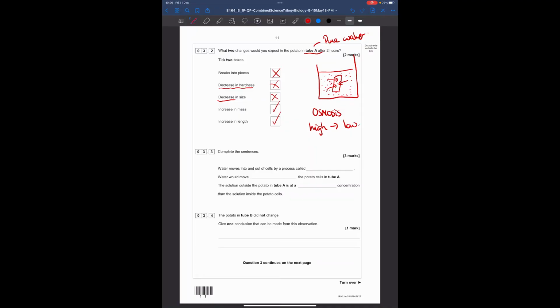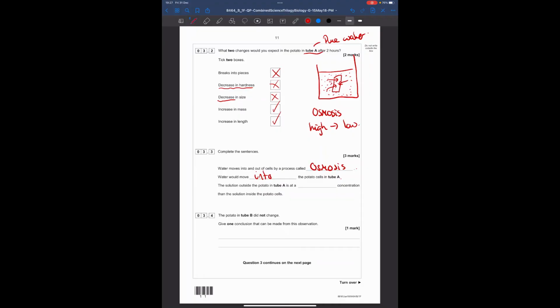Question 3.3, complete the sentences. Water moves into and out of cells by a process called osmosis. Water would move blank the potato cells in tube A. Well, we know it's going from high to low, so it's moving into the potato cells in tube A. The solution outside the potato in tube A is at a blank concentration than the solution inside the potatoes.